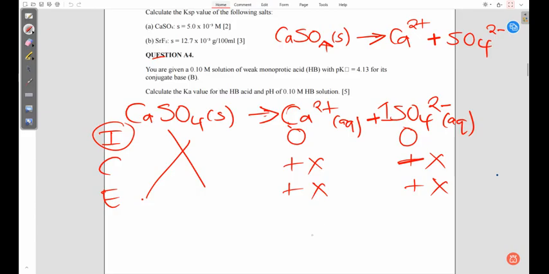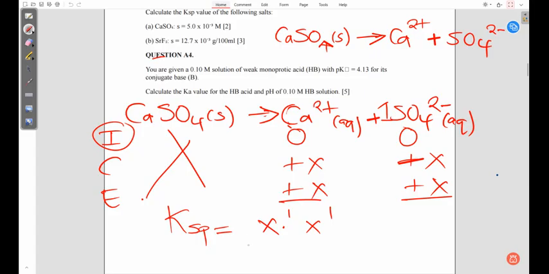Okay. So for our Ksp value, it's dependent on the products over the reactants. For the products, we end up with x and x as the equilibrium concentrations. So it's x raised to a stoichiometric coefficient, which is still one, multiplied by x to the power 1.